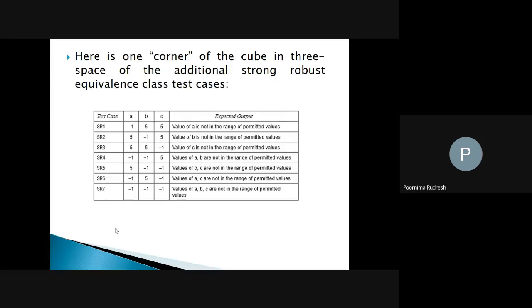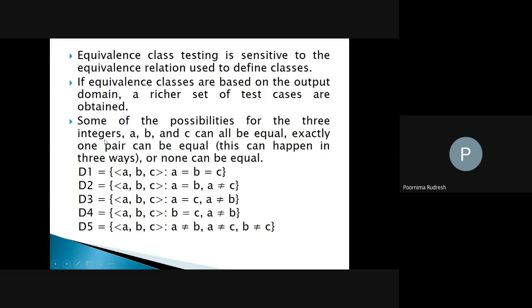So we have more number of test cases for the strong robust equivalence class testing strategy. Here we are considering the invalid values for A, B, C, where A, B, and C are less than the minimum value.